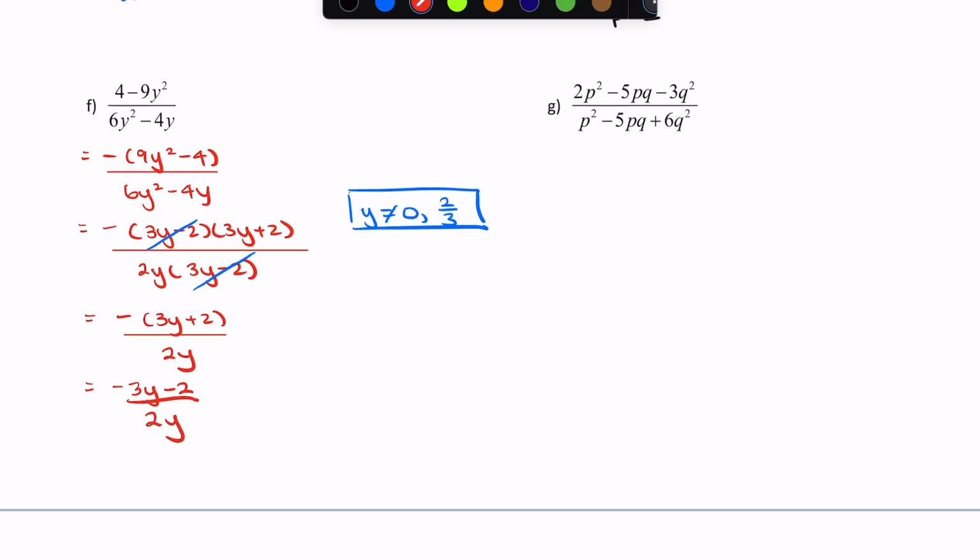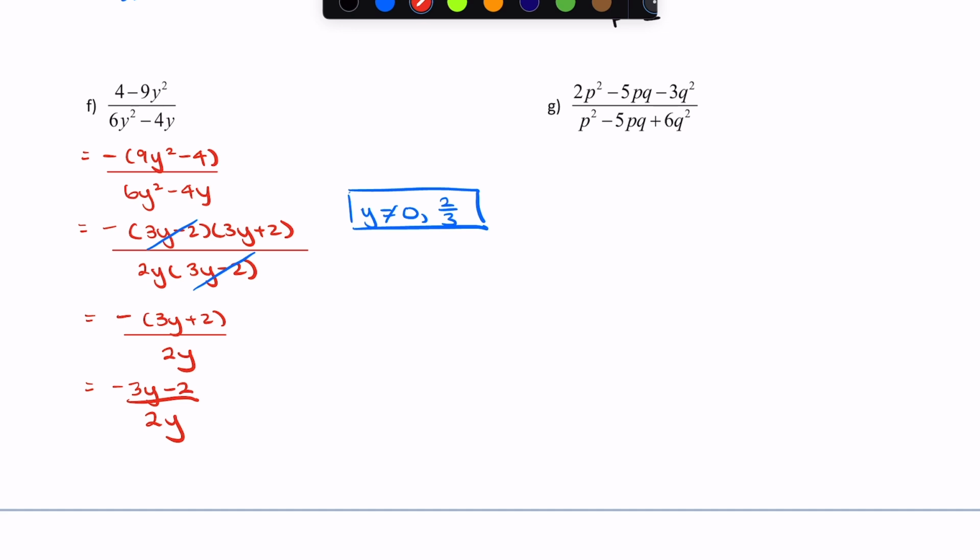Finally, this last question that we have here is 2p squared minus 5pq minus 3q squared over p squared minus 5pq plus 6q squared. So here, as we can see, again, they are in the form of complex trinomials. Again, this one involves two variables, so a little bit different. But again, we can just factor it the same way that we generally factored complex trinomials.